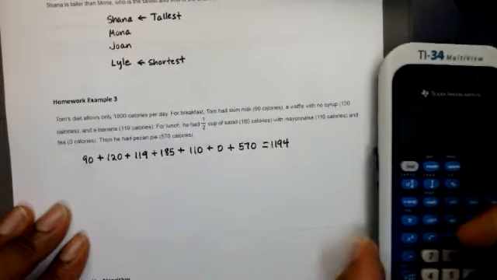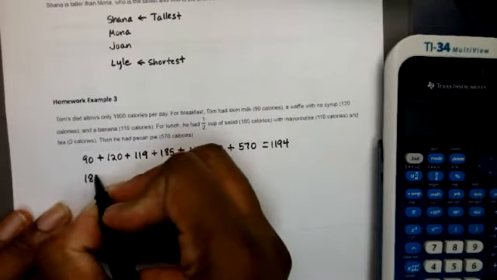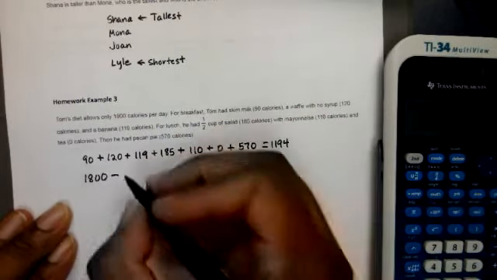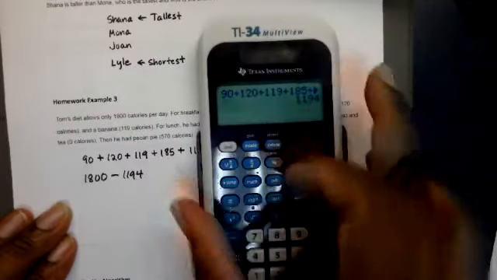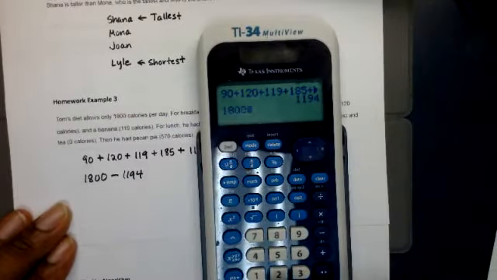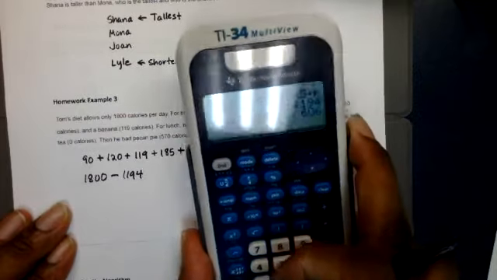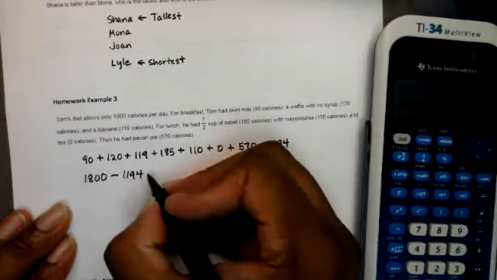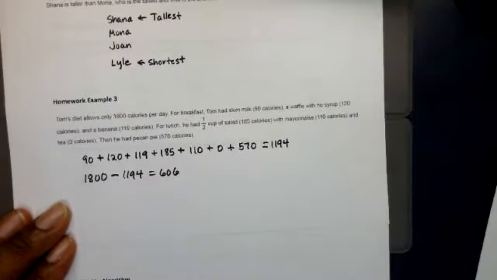Now he's only allowed 1,800 calories here. So if I take 1,800 minus 1,194, this will be 606. So he's allowed 606 calories that he can intake.